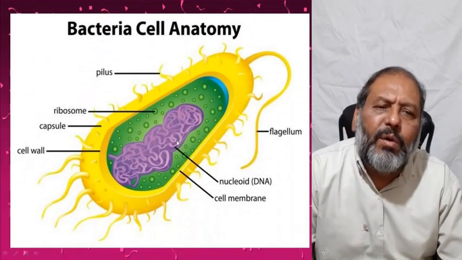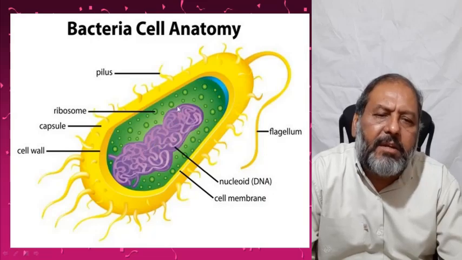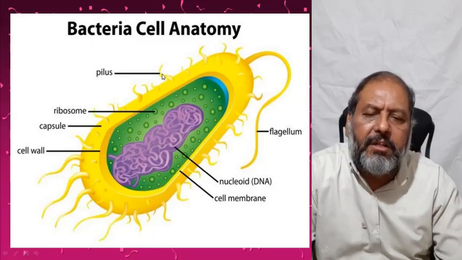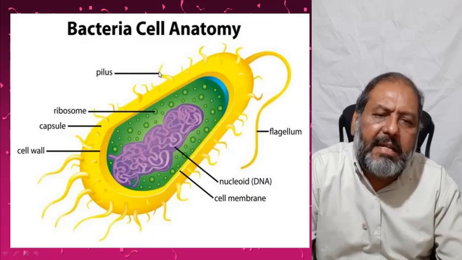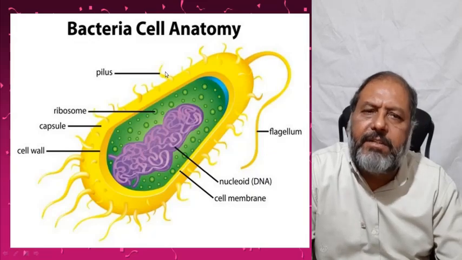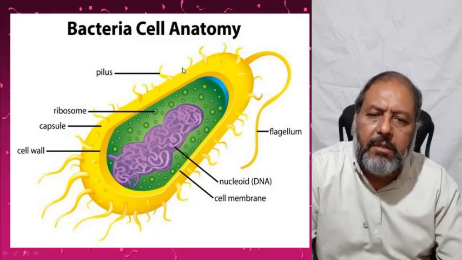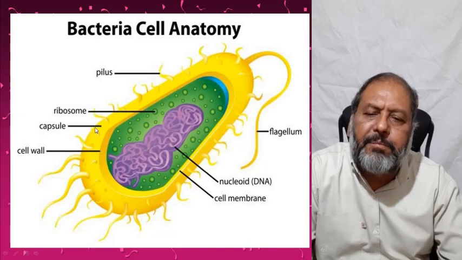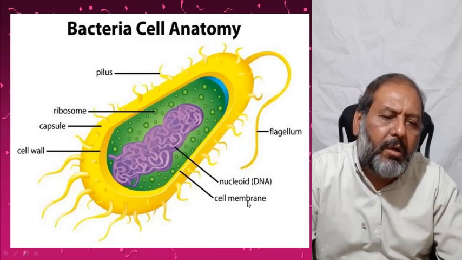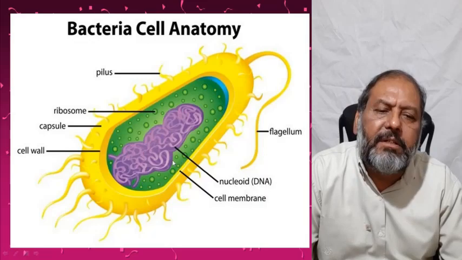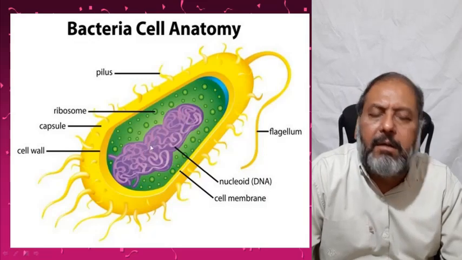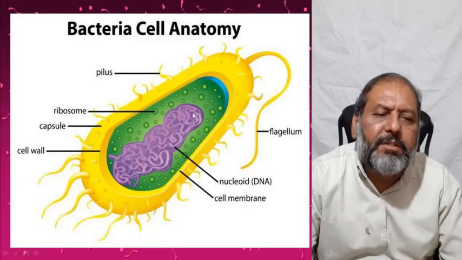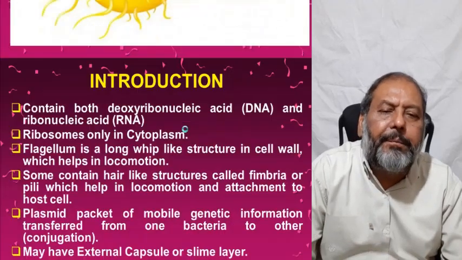Here again one can see the bacterial cell anatomy: the pilus, the fiber-like, hair-like structure by which the bacteria can swim or get attached to other surfaces or host cells, ribosomes, the capsule which is surrounding the cell wall, the nuclear material which is found in the center of the bacterial cell, and the cell membrane which is surrounding the cytoplasm.